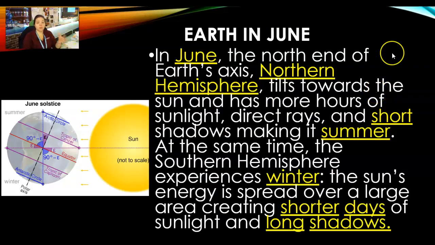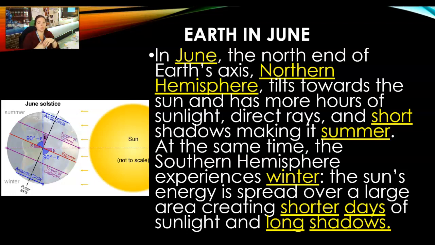So in June, the north end of the axis, for us in the northern hemisphere, is tilted towards the sun. Which means that we have more time in the sunlight, more direct rays, and this causes a shorter shadow.